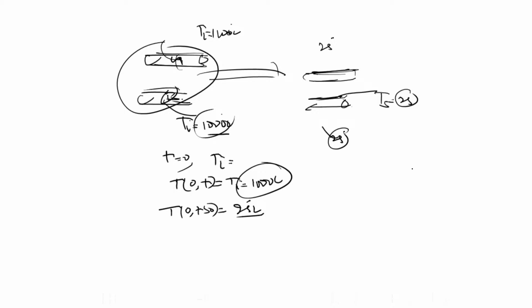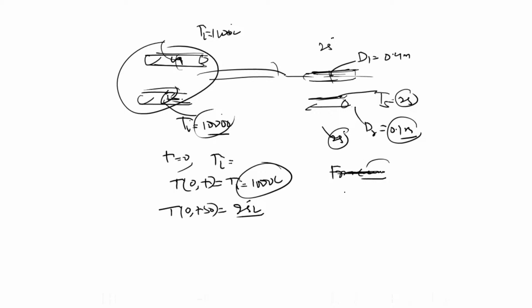Now, if the question is that the diameter is given as d1 equal to 0.4 meter, and d2 is 0.1 meter. Now, let's say the center line temperature will take time, because as we place it in the environment, obviously the center will be at 1000 degrees Celsius, since it has just been placed in the environment.